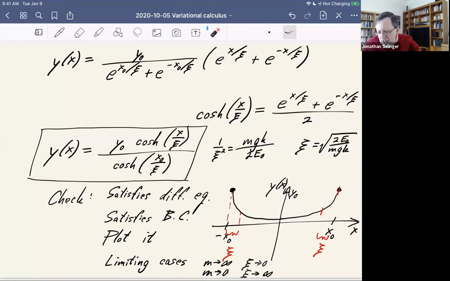I did these limiting cases assuming that I was changing the mass but keeping the same initial energy. Okay. That might not have been the best choice for me, right?